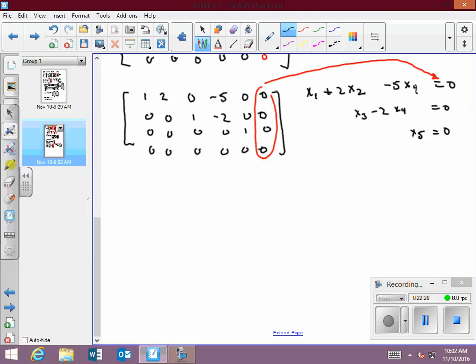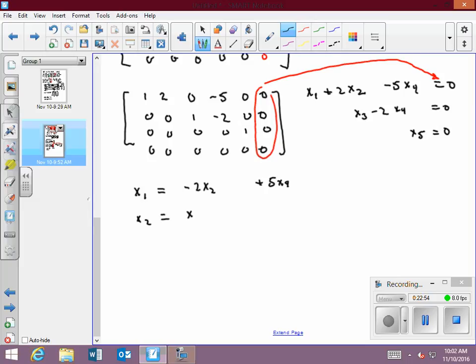So x1 equals minus 2x2 plus 5x4. And x2 equals x2.